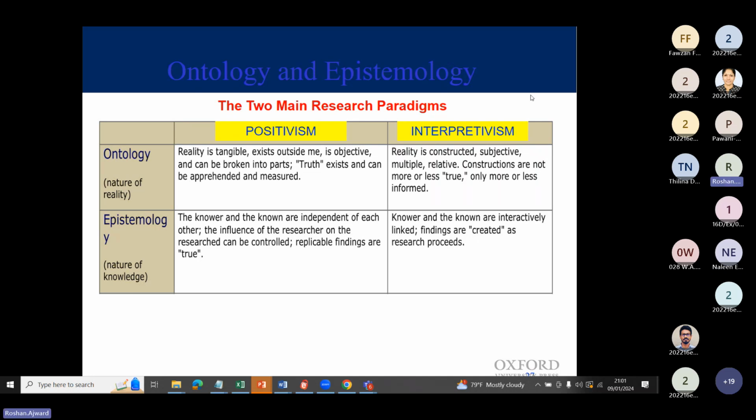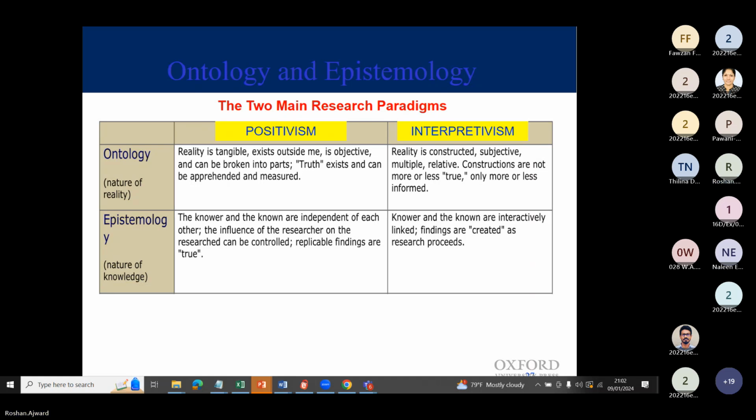Then the other type of researchers are called interpretivism researchers or interpretivistic researchers. Like we have 4 religions in this world, the researchers also believe in 2 research traditions, paradigms. There are 2 mainstream paradigms. What are those? Positivistic researchers and interpretivistic researchers.